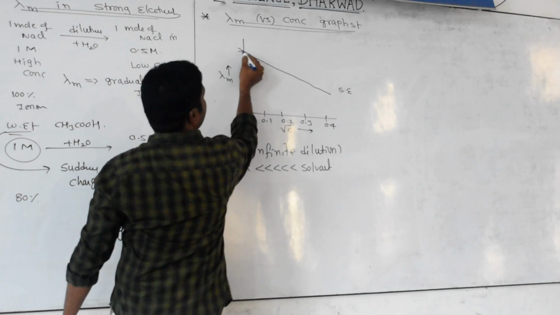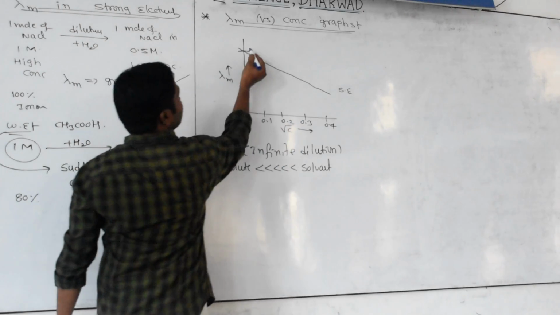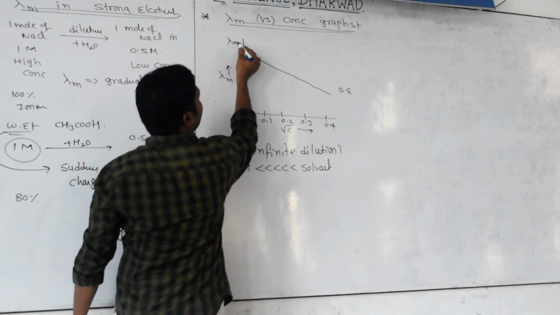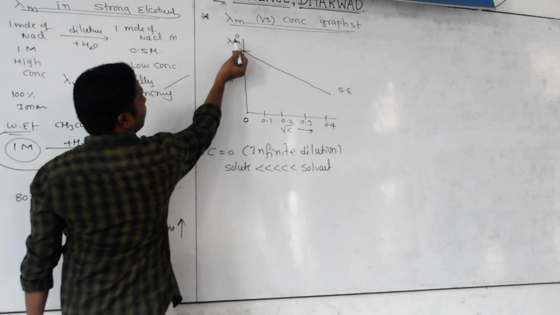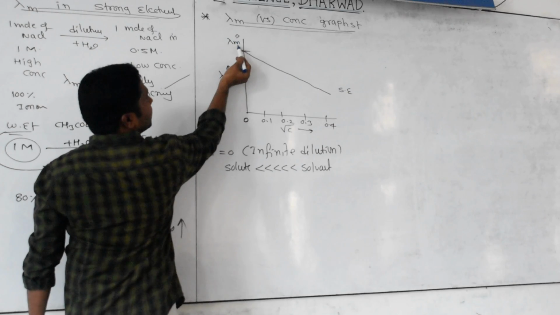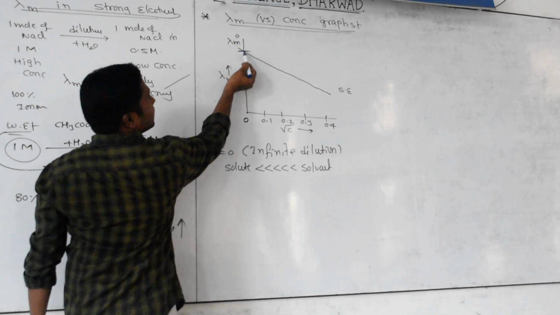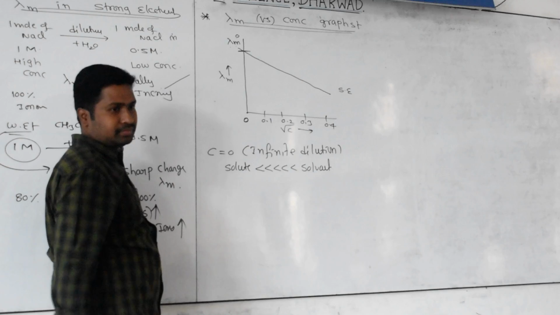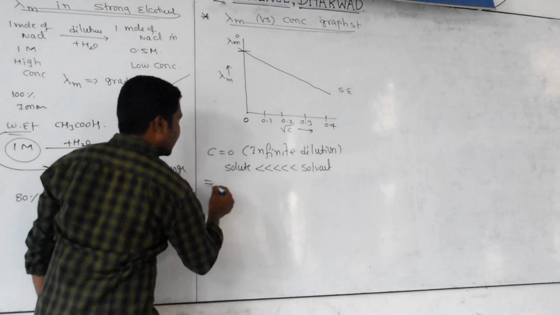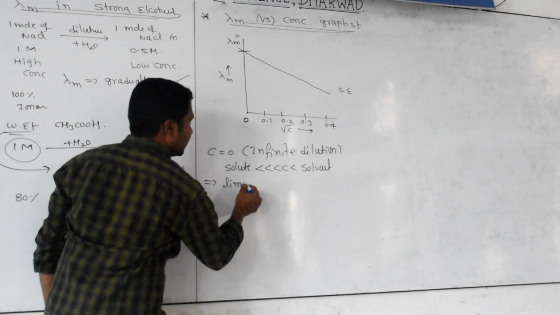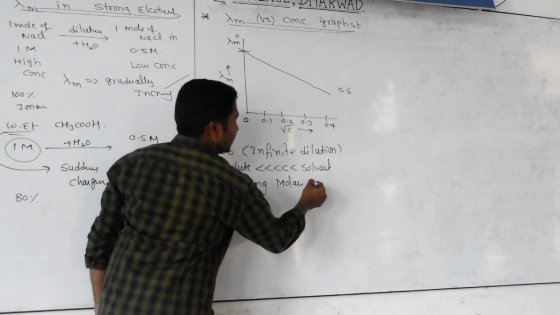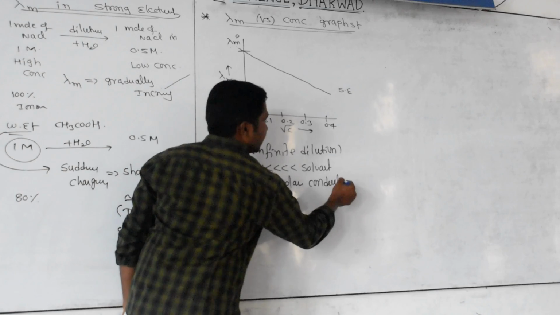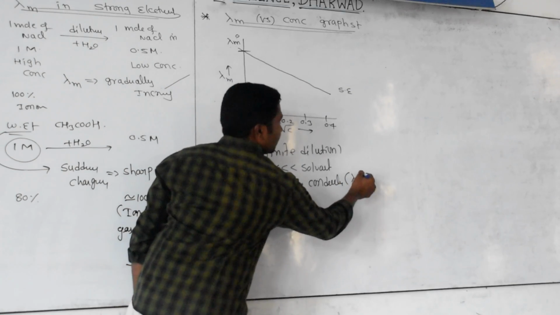That is denoted by lambda naught m. What is the meaning of lambda naught m? When concentration is 0, the molar conductivity of the electrolytic solution will be maximum. That is what we call limiting molar conductivity. Limiting molar conductivity is denoted by lambda naught m.